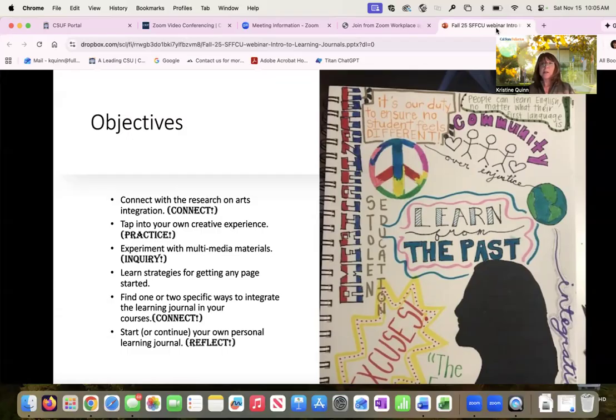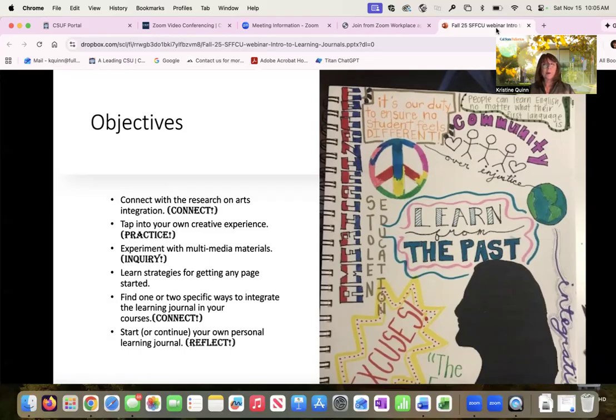The objectives for using learning journals as a learning tool: you're going to hear me say art journals and learning journals, well, one and the same. They represent the same idea. Here are our objectives. We want students to connect with research on arts integration. Research tells us that the creative processes increase and deepen learning. We want our students to tap into their own creative practices. We want them to experiment with multimedia materials.